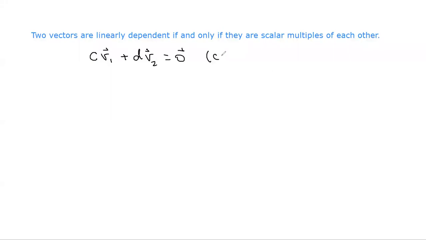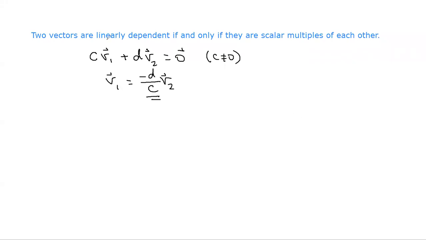Without loss of generality, let's assume that c is not 0. Then we can solve for v1 by moving d v2 over and dividing by c. We're allowed to divide by c because c is not 0. So look at that: v1 is a scalar multiple of v2.